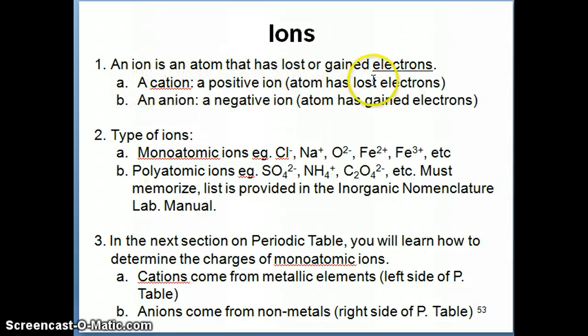By losing electrons, right? If you lose electrons, you lose negative charges, so you become more positive, because initially you have an equal number of positive and negative charges. If you lose the negative, the positive dominates, so now you become positively charged. Same thing with an anion. Something becomes an anion if it gains electrons from, let's say, an atom that loses electrons. So an anion is just a negative ion.